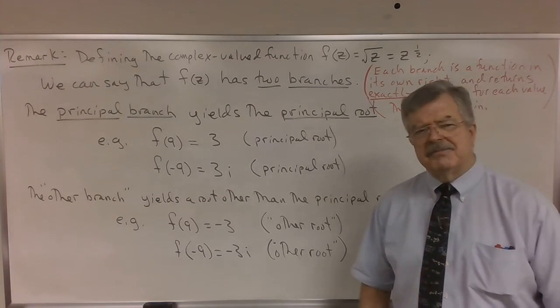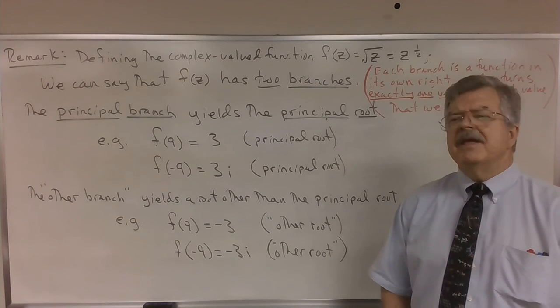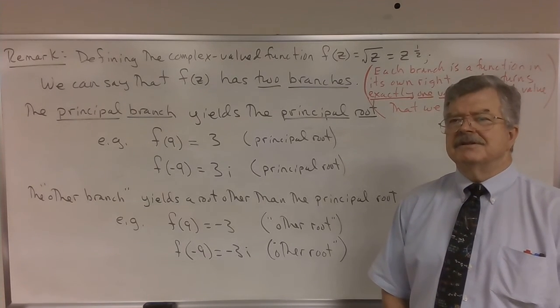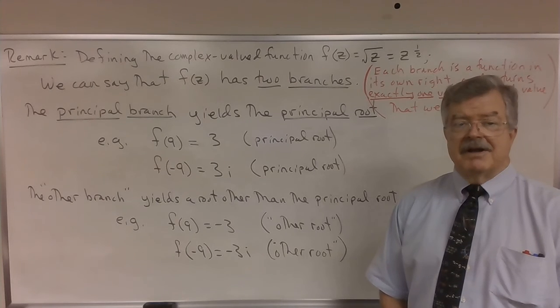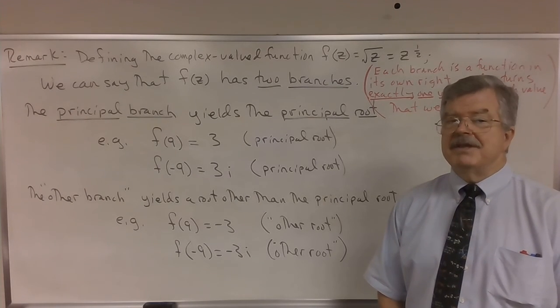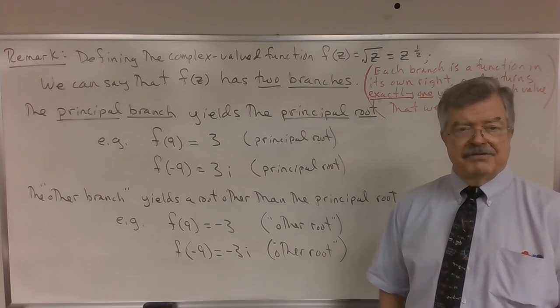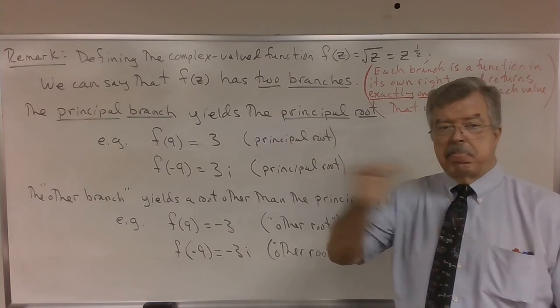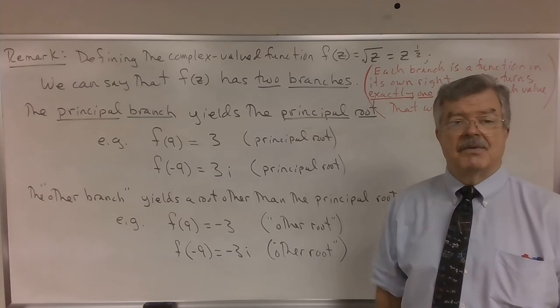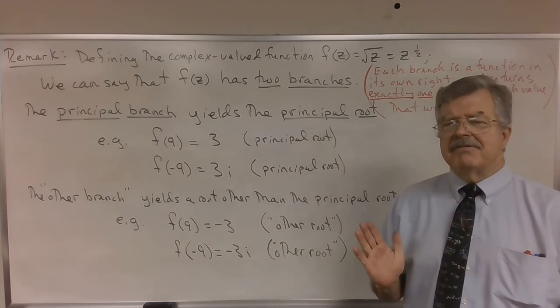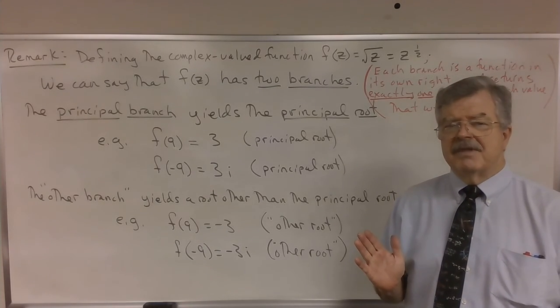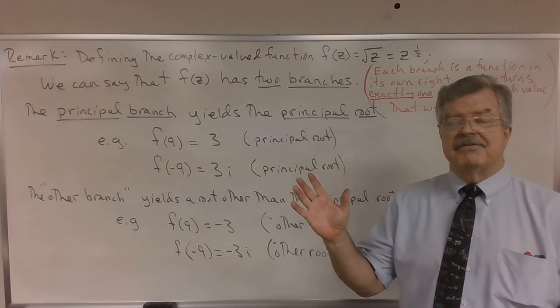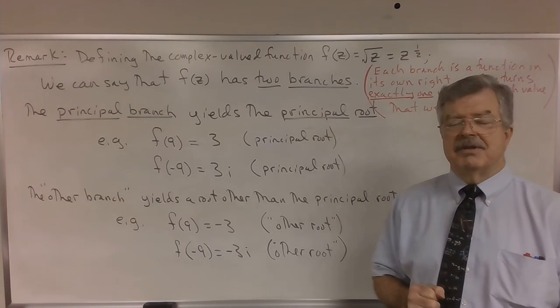And the reason I'm saying this right now is because a lot of complex functions will not be functions in the conventional sense, where we plug in one number and out comes exactly one number. A lot of complex functions return several values for each value that we plug in.